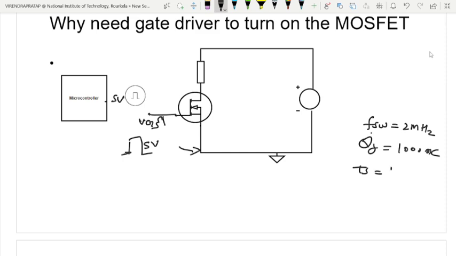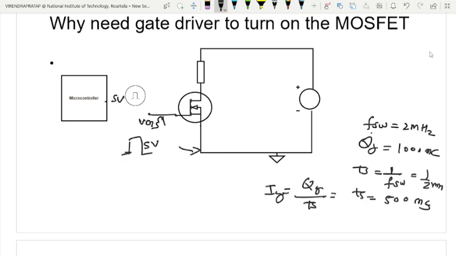We can calculate the switching time, the reciprocal of the switching frequency, which here is 500 nanoseconds. Using this, we calculate the gate current. Gate current is equal to QG divided by switching time. I have calculated the gate current here as 2 ampere.